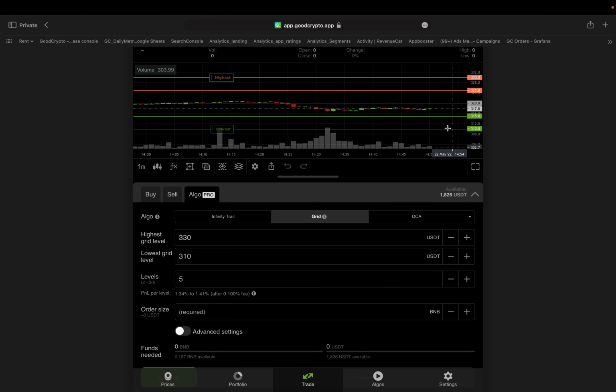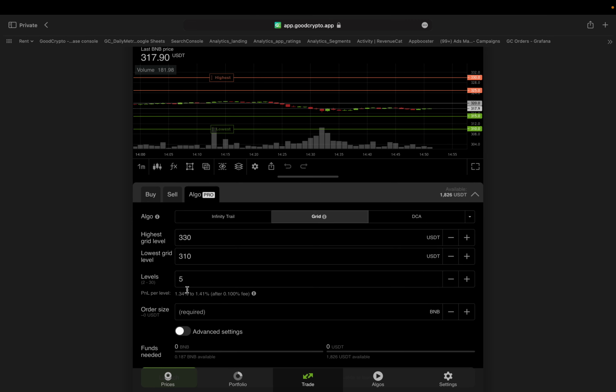The reason for that is that by default this grid, and most of the grids that you will see in GoodCrypto or in other trading terminals, spread grid levels evenly, and as we measure the PNL per level in percentages, the distance between the levels stays pretty much the same. In this case, it's a nice $5. So you have a level 310, 315, 320, 325, 330, and those $5 are a different percentage of these sums.